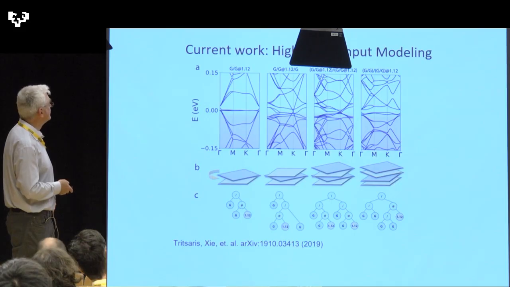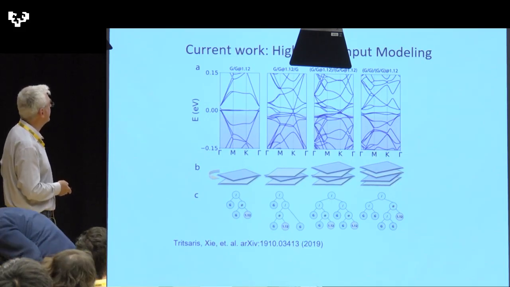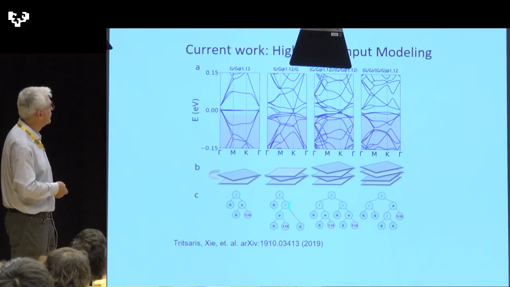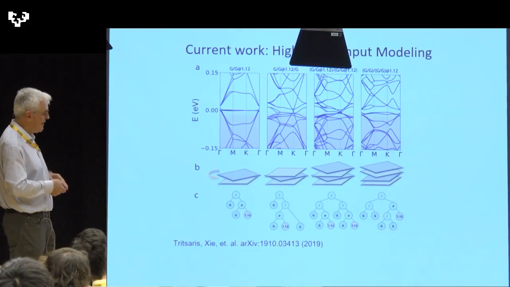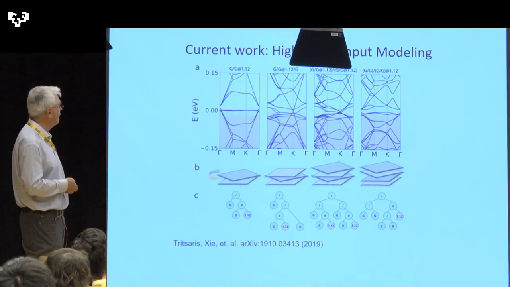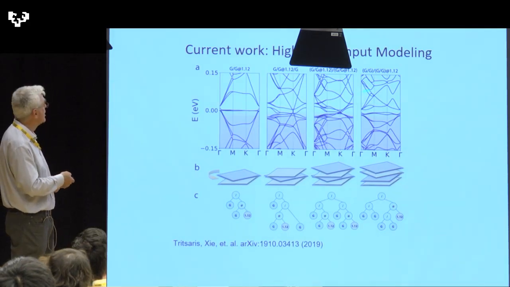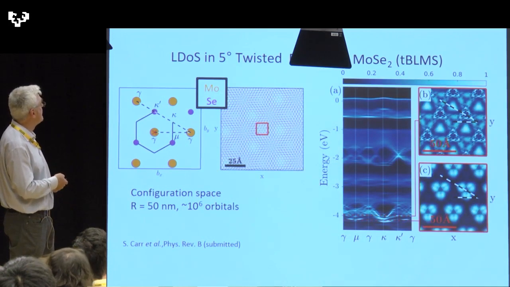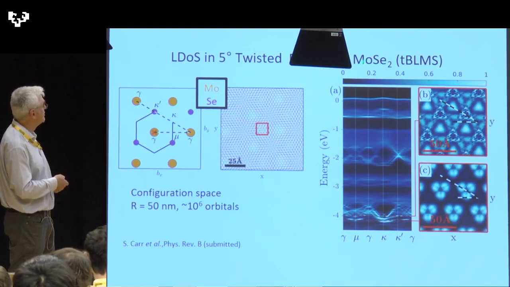A few words about work going on currently in my group. We're working on high throughput models where you have to construct a language and then automate the search for different situations which produce these interesting features. We're also looking at other materials, twisted bilayer molybdenum disulfide.